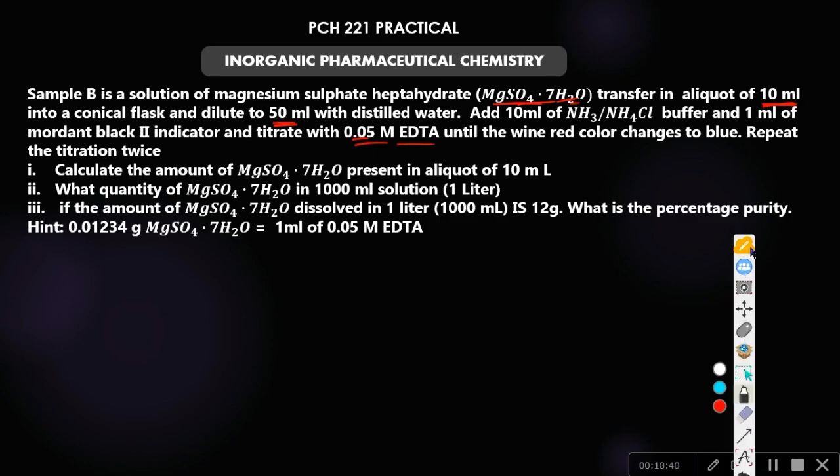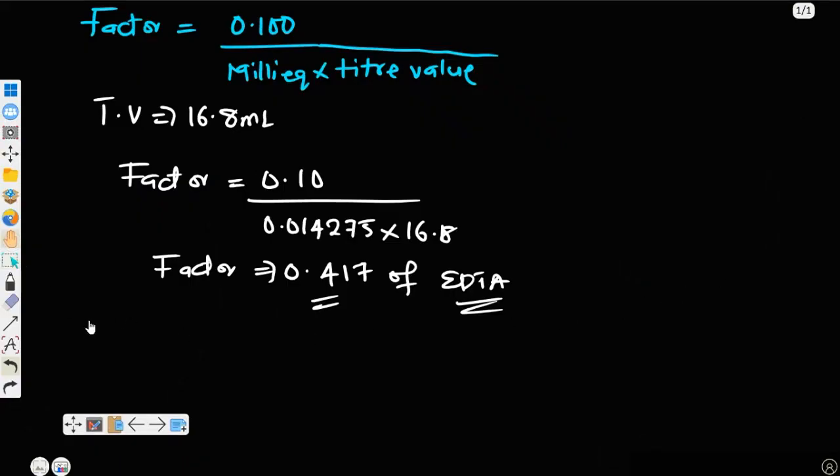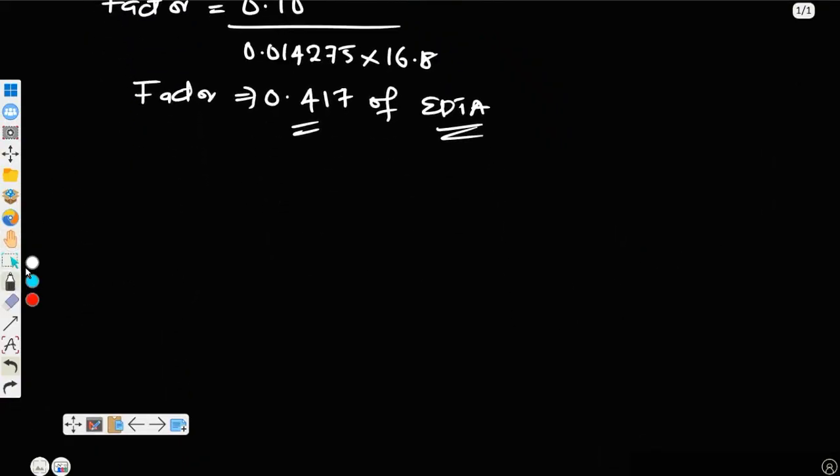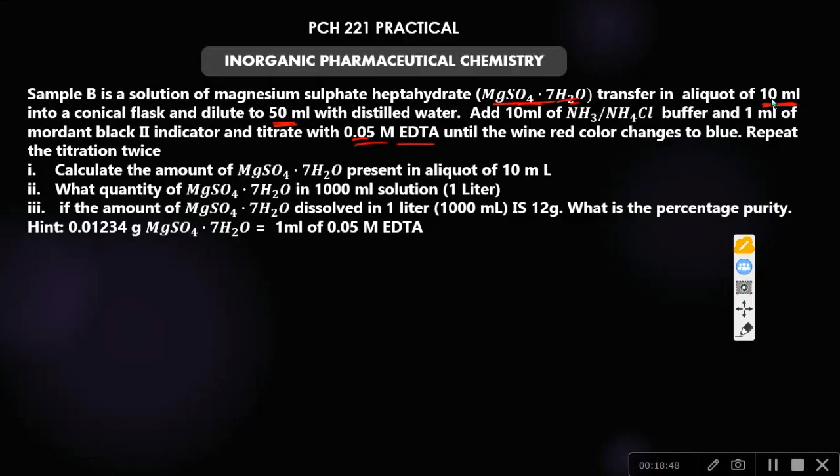And what is the formula for calculating the calculated weight of magnesium in 10 mil? This 10 mil here is what you pipetted to carry out the experiment. When they ask how much is present in the 10 mil, they ask you the calculated weight, because it's from this 10 mil that you get your titer value and the rest.